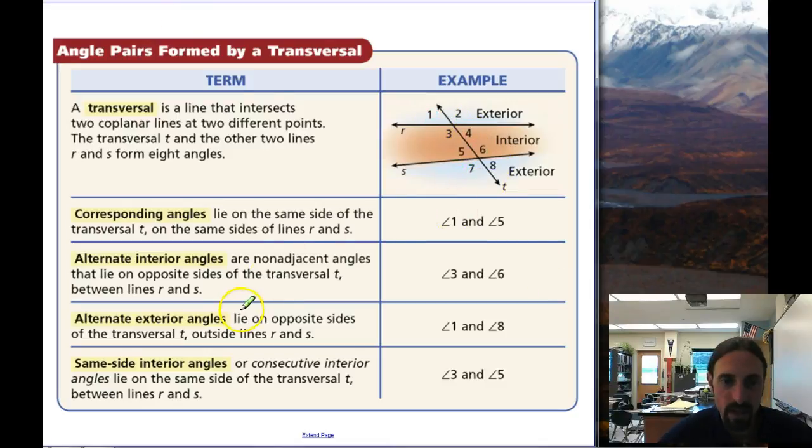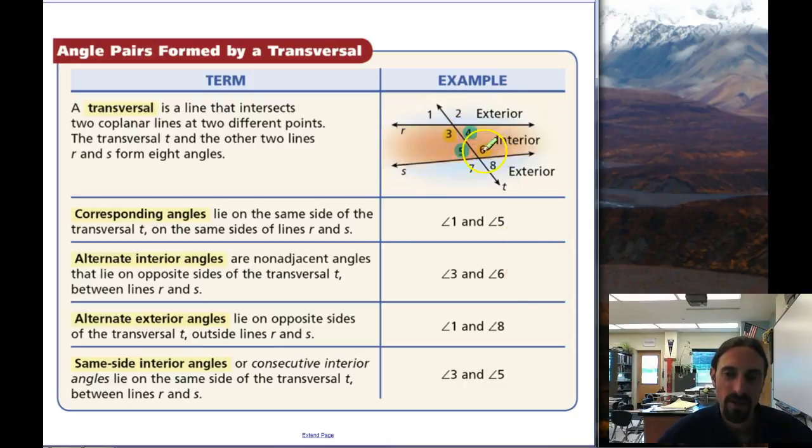The next thing we need to talk about, alternate interior, are non-adjacent angles that lie on opposite sides of the transversal between R and S. What? Between R and S? Okay, so 3 and 6 are alternate interior angles. So are 4 and 5.